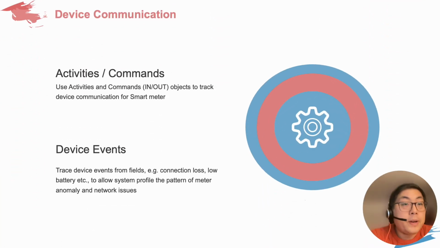Okay, so device communication, as we mentioned, for smart and AMR meters. For the commands to the meter, we can use the activity and the command object to track device communication for smart meters. There was a component called SOM, Service Order Management.